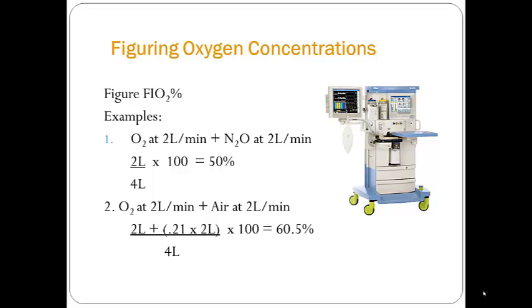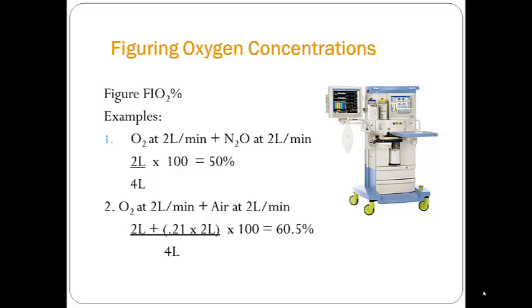My first example here shows that the oxygen flow meter is dialed to 2 liters per minute, and the nitrous oxide flow meter is also dialed to 2 liters per minute. What goes in the numerator is the number of liters of oxygen available to the cells to be used in cellular respiration.